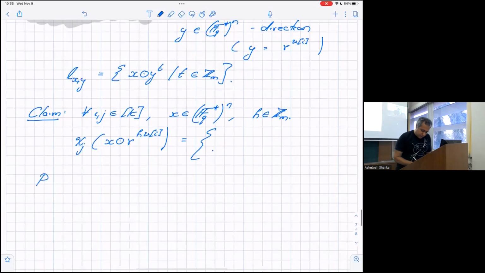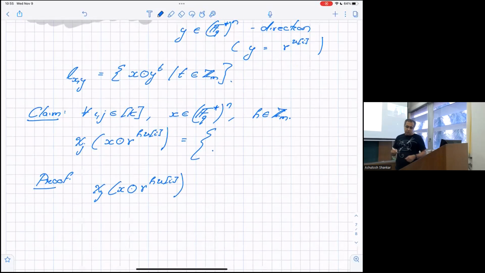Let's look at the proof. Let's just evaluate this. So what is pi_j of x dot gamma to the h u_i?